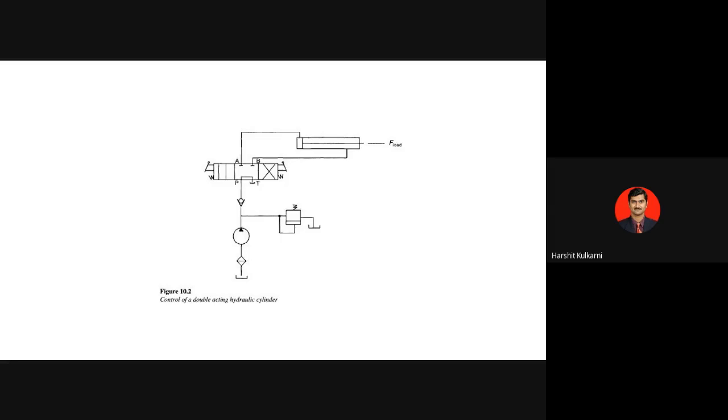Oil will start entering the rod end of the cylinder here. So that pushes the piston back from the extreme right side. Then the oil which is already present in the blank end of the cylinder, which was earlier filled during extension, will start moving out from connection A to T. Okay, that is why it is a downward arrow. So this is how you can explain the retraction of the double acting hydraulic cylinder.